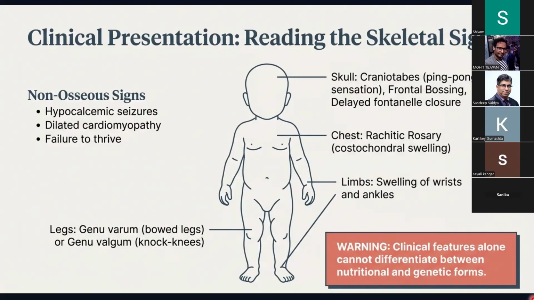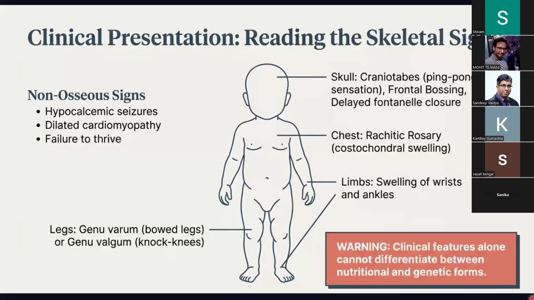If it's a non-weight bearing or early infant phase of the patient, then they also present with craniotabes, which is a ping pong ball sensation of the skull, or frontal bossing. There can be a delayed fontanelle closure, and sometimes in X-linked hypophosphatemic rickets, there can also be craniosynostosis.